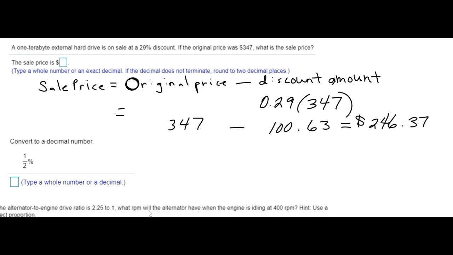Look at it to see if it makes sense. The original was $347. It was on sale and it went down to $246.37. It makes sense that that's lower.